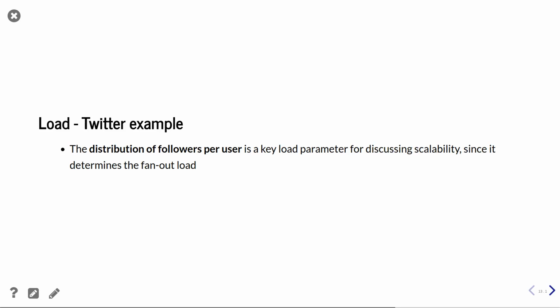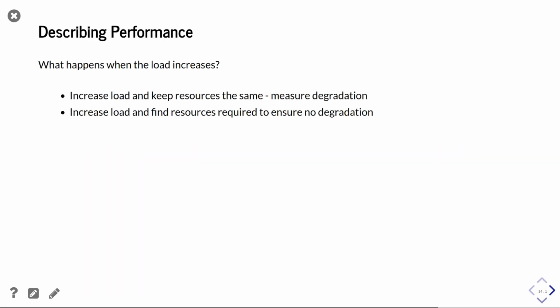And so this brings the question: we discussed load, but how do you measure performance? When you are measuring performance, you could ask two questions. One is, if we increase the load and keep resources the same, how much does our system degrade?